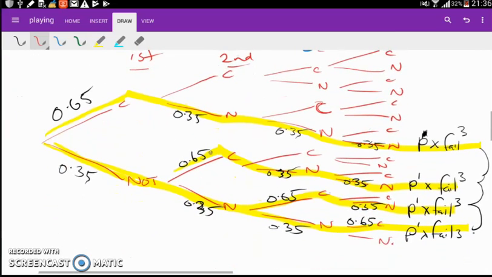Or it could be going down not, yes, no, no, no, no, yes, no, no, no, no, yes. So we can see 1, 2, 3, 4 combinations. Now every single branch on this tree is exactly the same. 0.65 times by 0.35 to the power of 3. So that's the probability of success to the power of 1 times by the probability of a fail to the power of 3. And it's exactly the same. So we've got 4 lots of this answer.